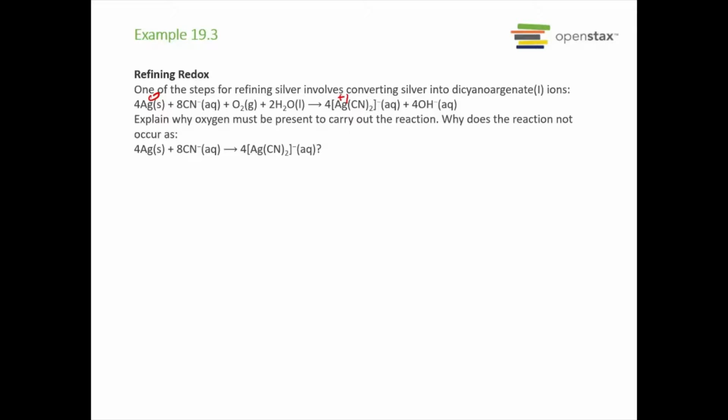If one thing is being oxidized, as the silver is, something has to be reduced. So oxygen is there to be an oxidizing agent, and to then reduce from the 0 oxidation state as O2 to the 2- state. So that's why we need it. We can't have it as that second reaction because there's nothing to reduce.